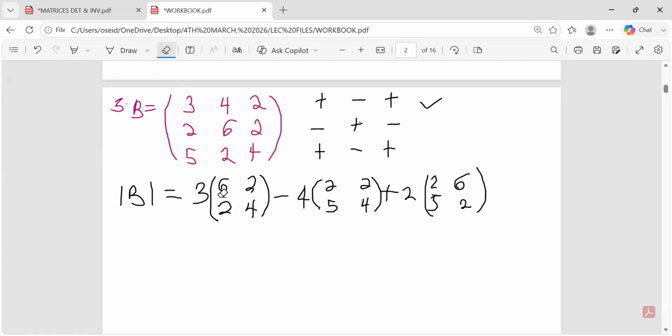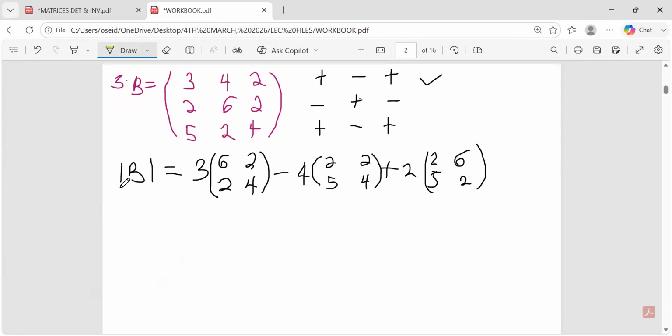Do you get that? After you are done with this, you compare and see that you can see all the elements. So we have 6, 2, 6, 2, 6, 2, 2, 4, 2, 4, 2, 5, 2, 5. Do you get that? We have all the elements. Then we proceed.